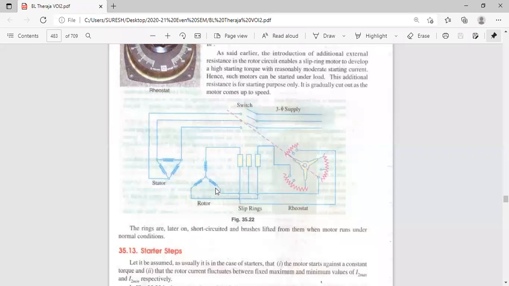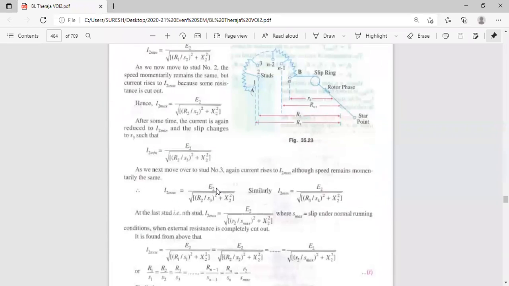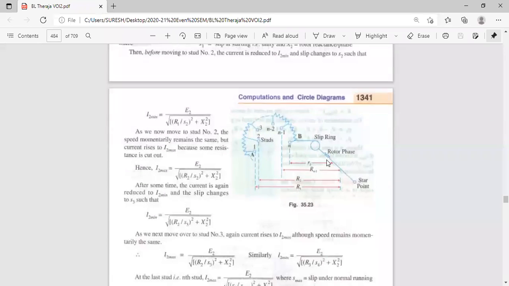R2 is the resistance of the rotor. Then from A to B, the resistance plus the rotor resistance is R1. A to B plus R2. This resistance is R1. Okay.